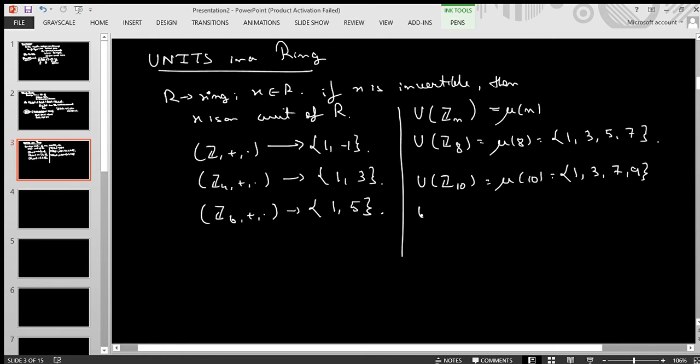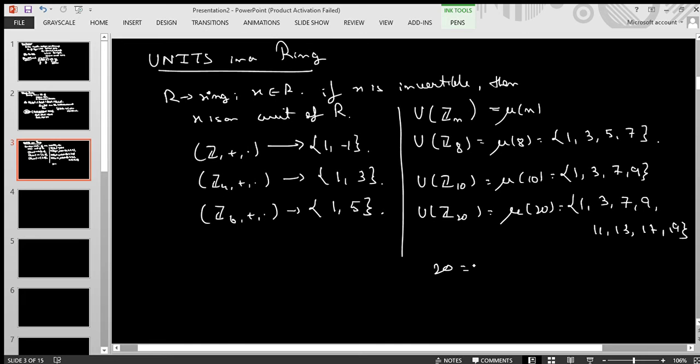Similarly, U(20) will be 1, 3, 7, 9, 11, 13, 17, 19. What is the number of coprimes below 20?